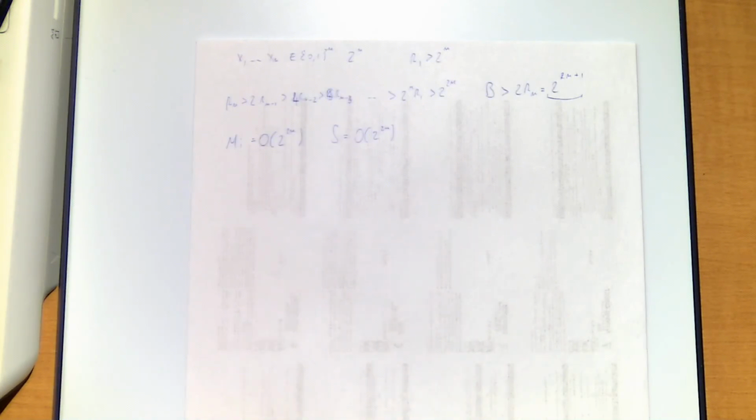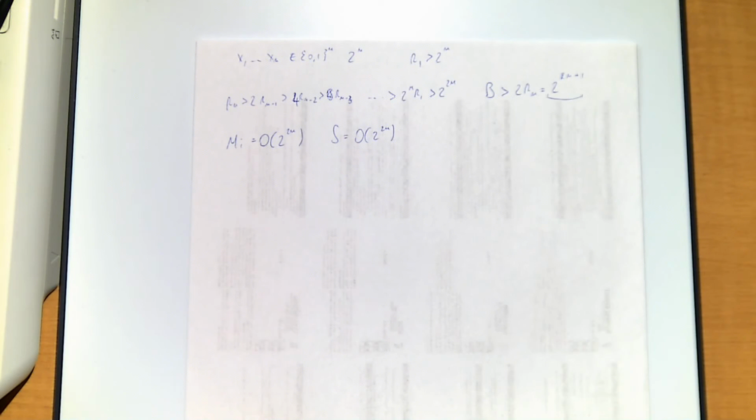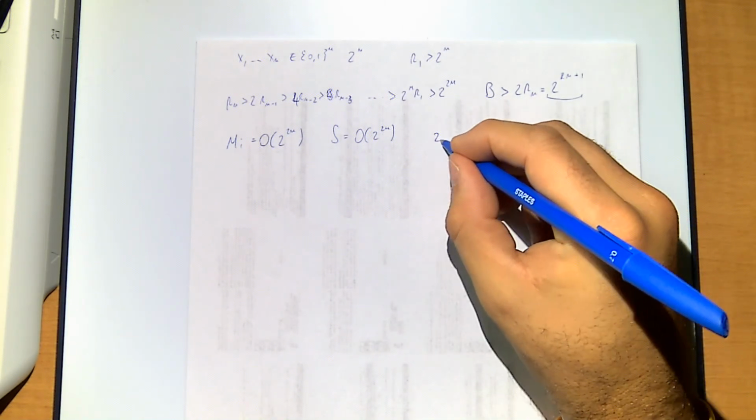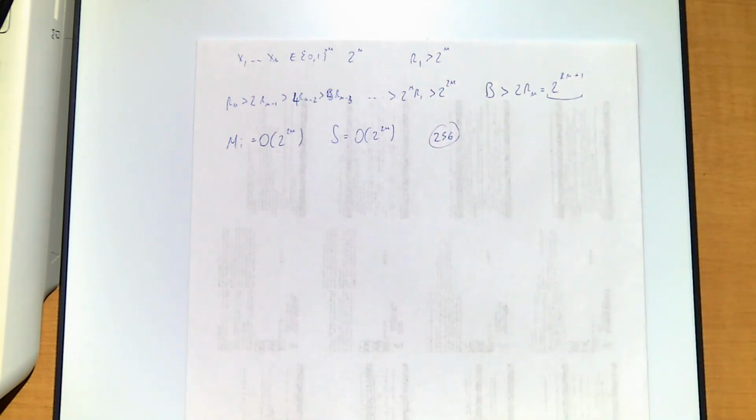So if I want to have, for example, 128 bits of security, then I have to take my Mi's to be of order 2 to the 256. So basically, for 128 bits of security, you want 256-bit numbers.